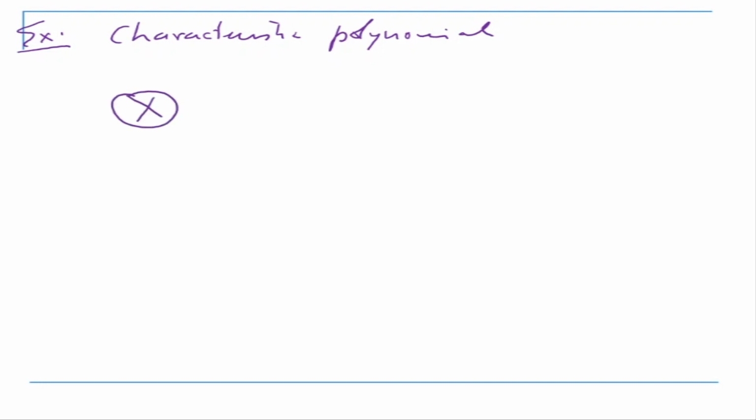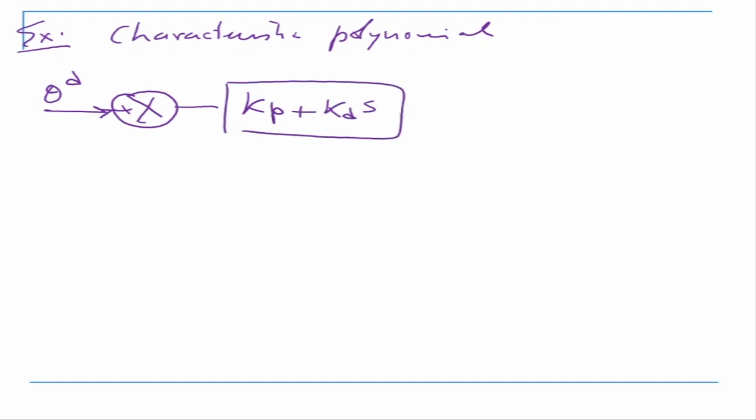Let me just draw it so it becomes clearer. This is my theta d, which is desired, plus minus, Kp plus Kd into s. This is a PD controller or compensator. There is a disturbance d which is coming from here, and this is my 1 by s squared plus s.